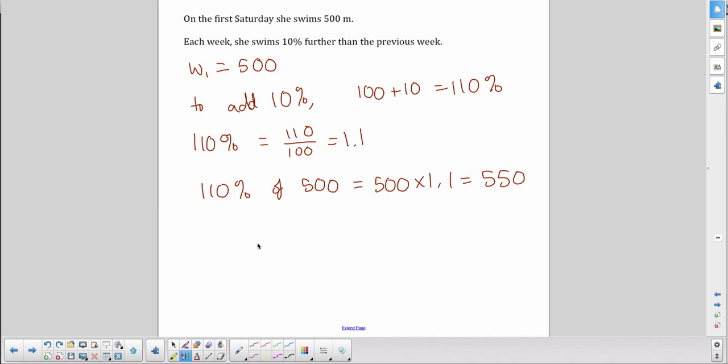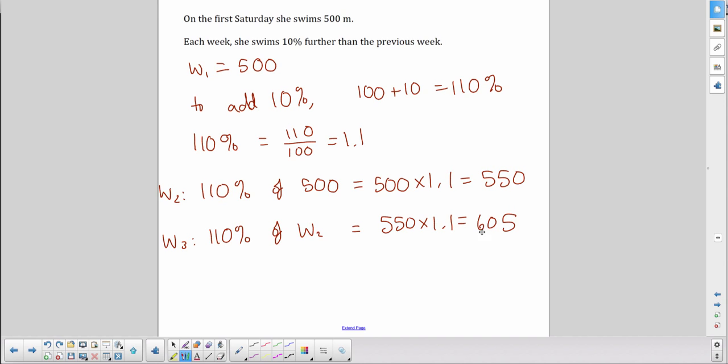That's week 2. And on week 3, I want 110% of week 2. Equals 550 times 1.1, which is 605.